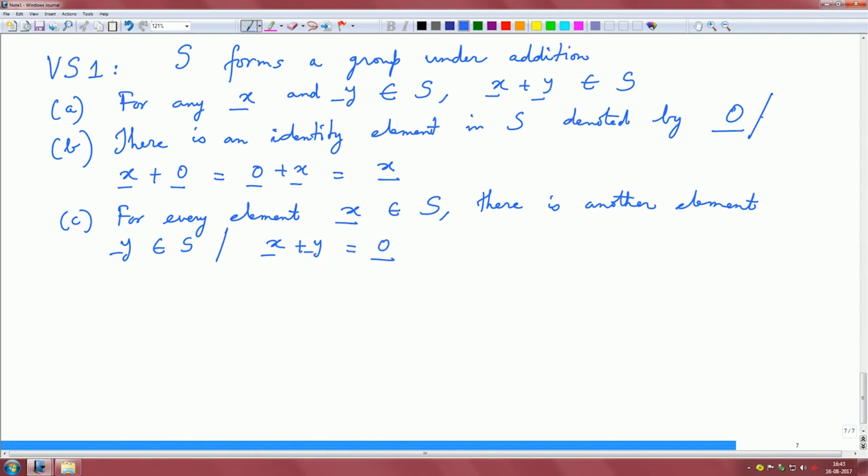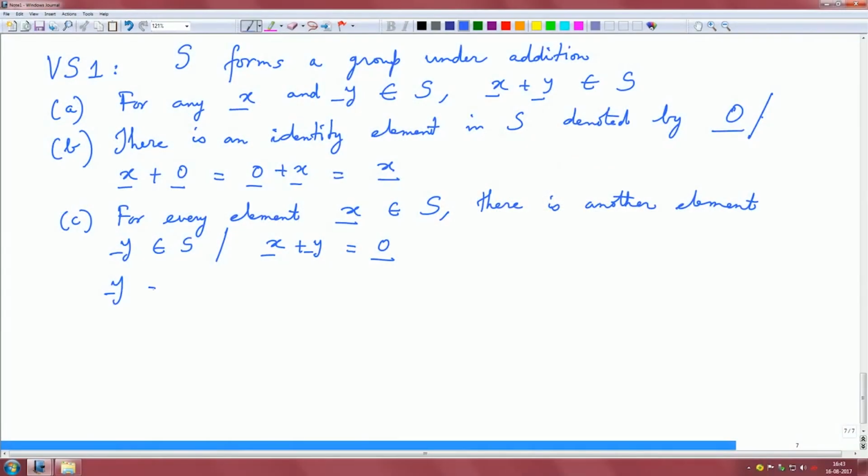Pick a vector x belonging to S, there exists some y belonging to S such that x plus y is 0, and y, which is basically minus x, is the additive inverse.